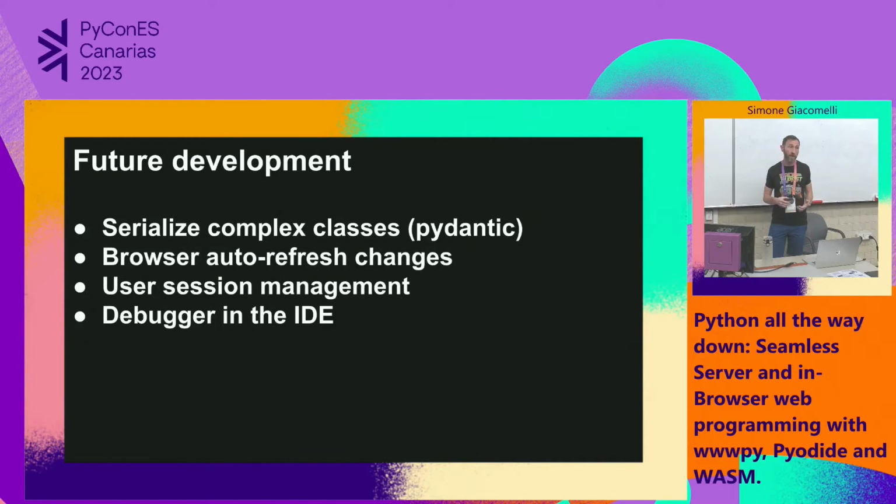www.py is a very young project, and so one thing is that it could benefit from compound types like data classes, Pydantic. And then, because every time you load the initial page, the full Python interpreter needs to be loaded, it takes a few seconds.